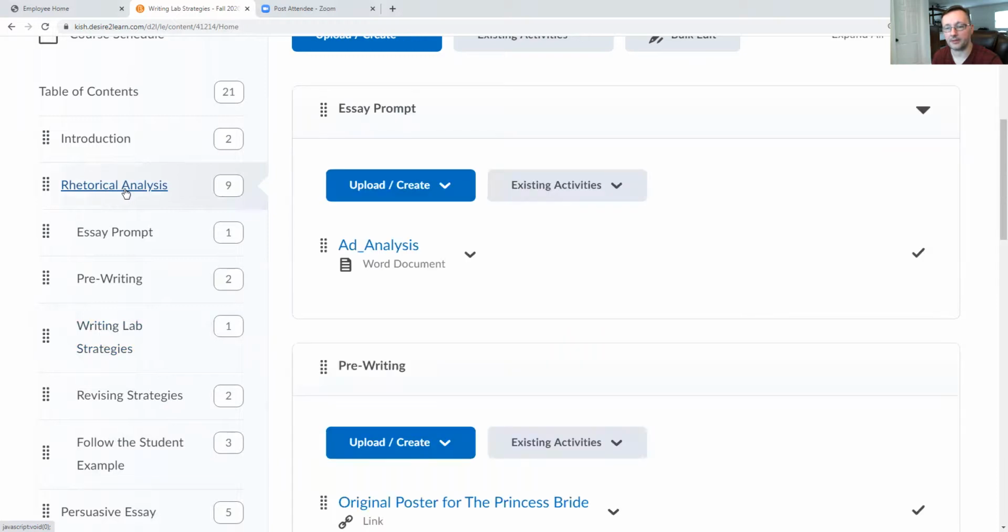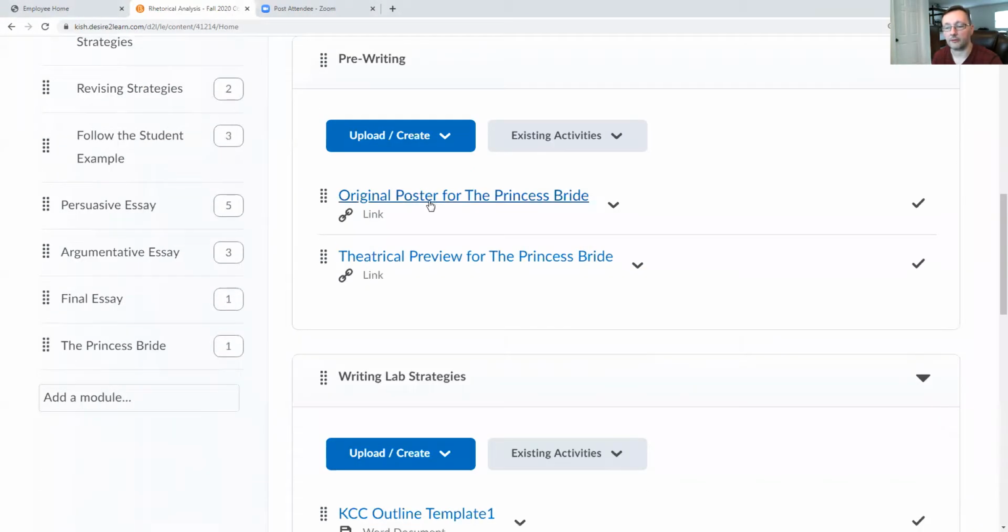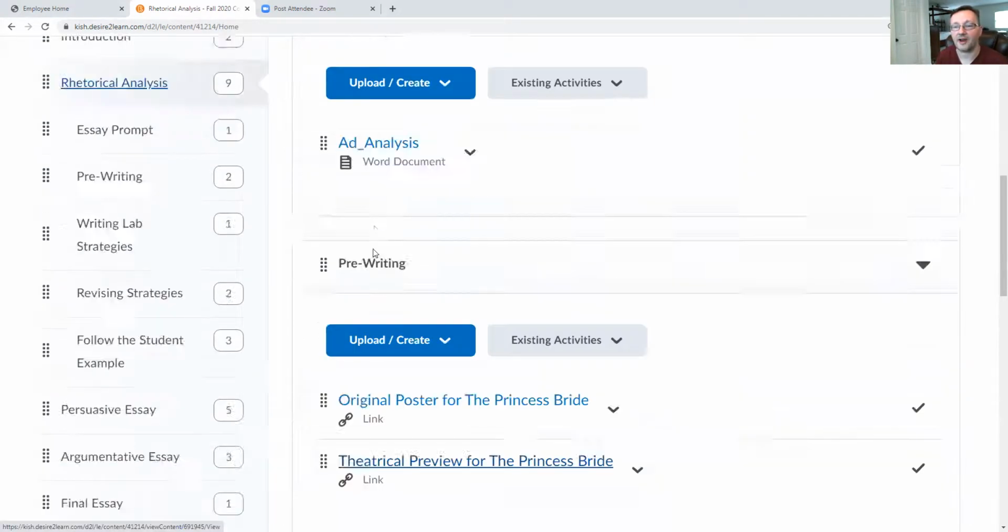Yep. Of the original poster for The Princess Bride and the theatrical preview or the trailer for The Princess Bride. So if you wanted to use either of those and create sort of a theme for your exercises this semester, you have links that you can follow to do that very thing.